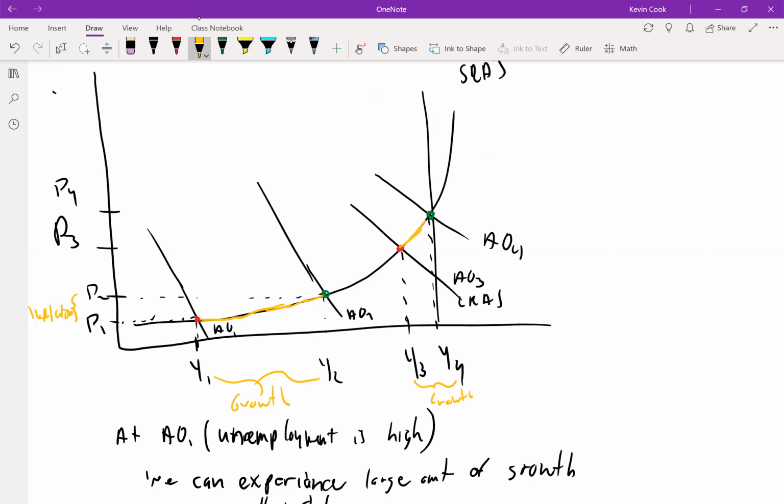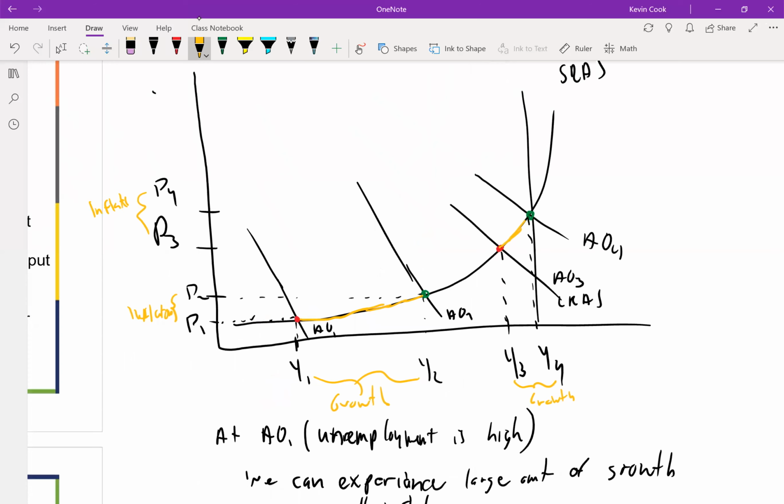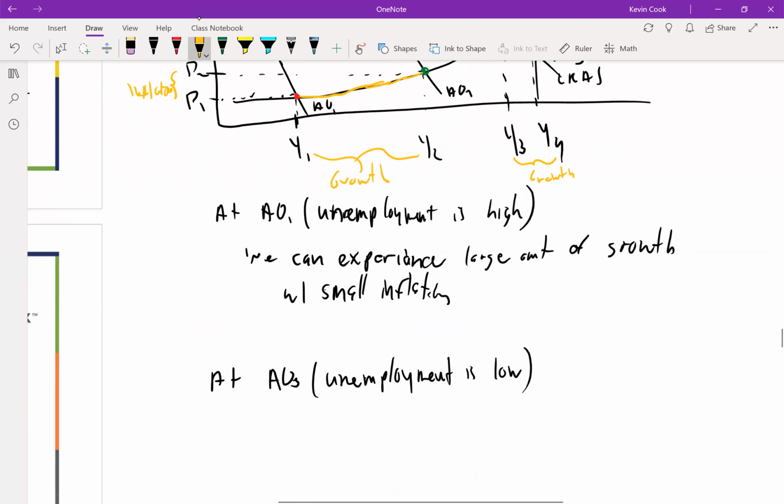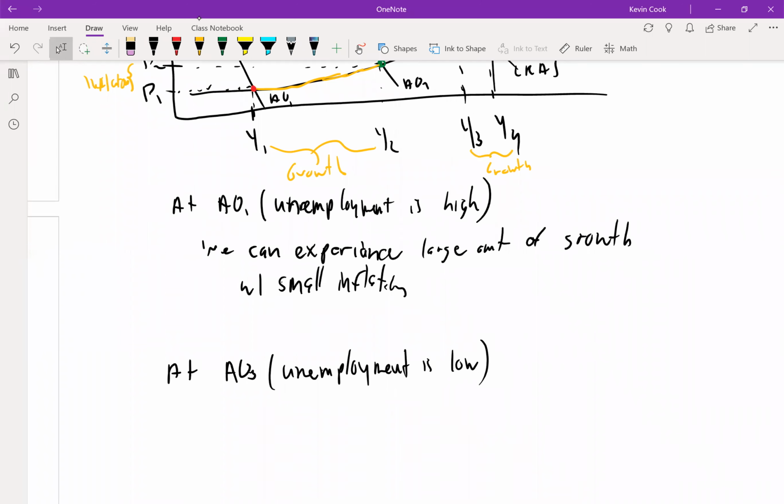So we have a relatively small amount of growth, maybe it doesn't look that much bigger, but it should be, we have a relatively large amount of inflation compared to how much growth we have.